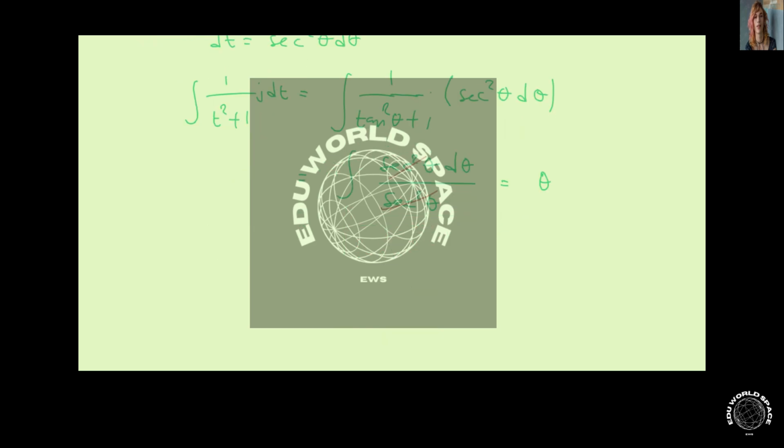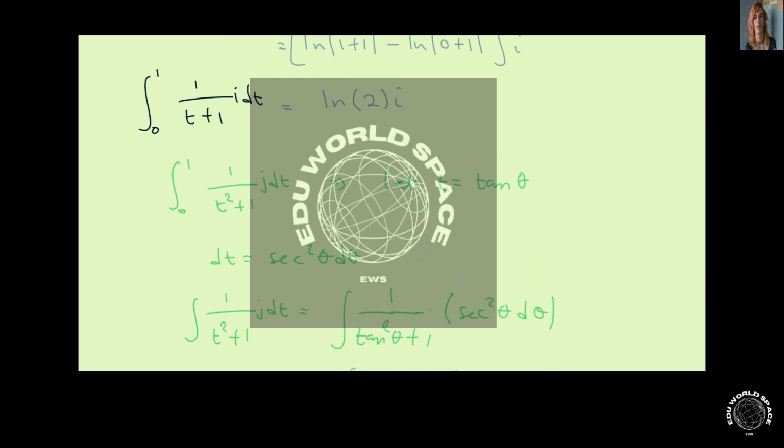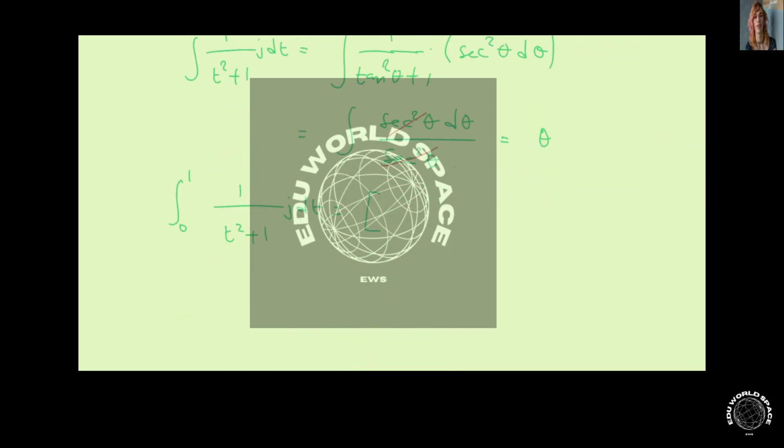If we introduce back the boundaries, that's integral from 0 to 1 of 1 over t squared plus 1 j dt, then since t equals tan theta, it implies that theta equals the arctan, or tan inverse, of t.